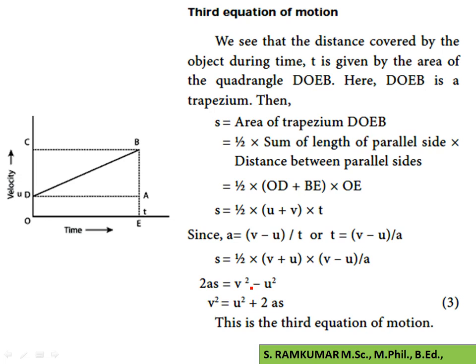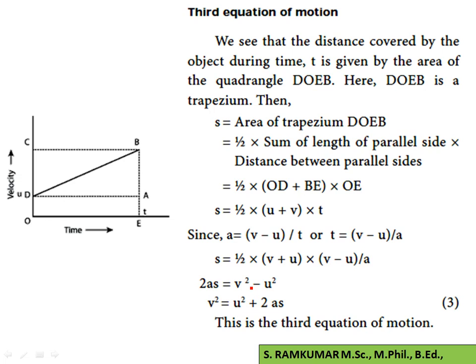Third equation of motion. We see that the distance covered by the object during time t is given by the area of quadrangle DOEB. Here, DOEB is a trapezium.